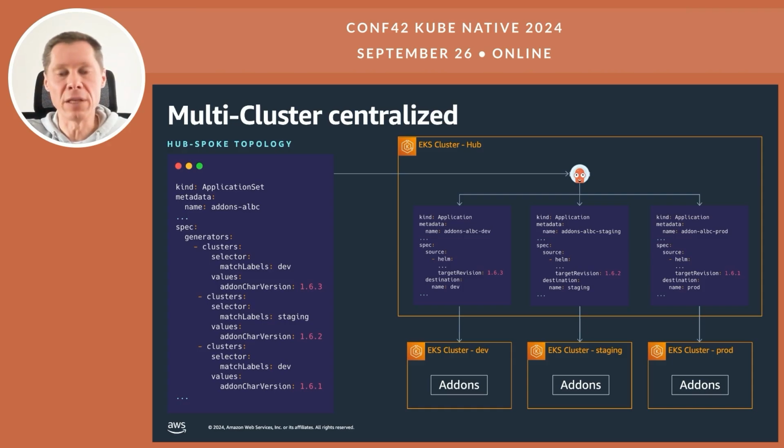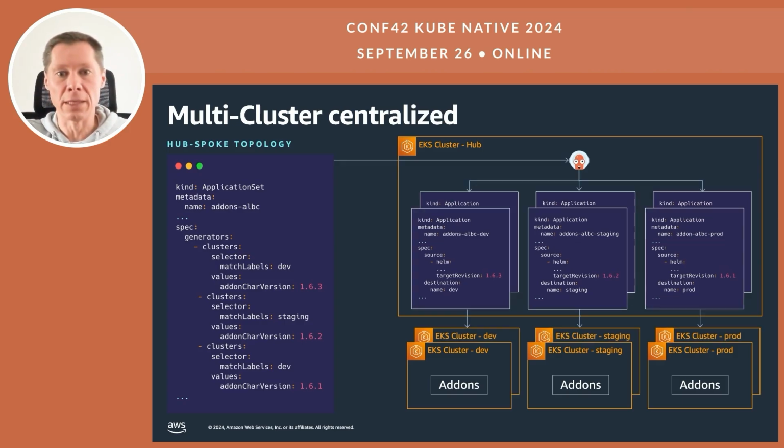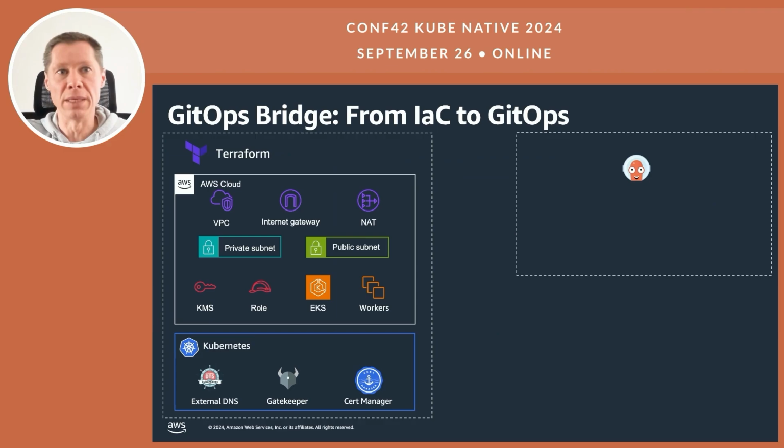So you have the benefits of centralization of configuration, but also the flexibility to have different specific parameters for various clusters. Then you can scale this with many other clusters. So you can have several clusters for staging, or for example, a complete set of clusters like dev, staging, and production for various projects or various lines of business.